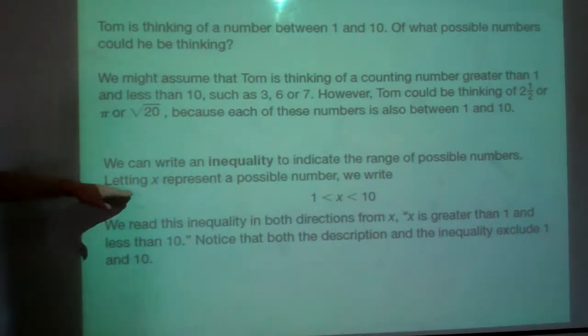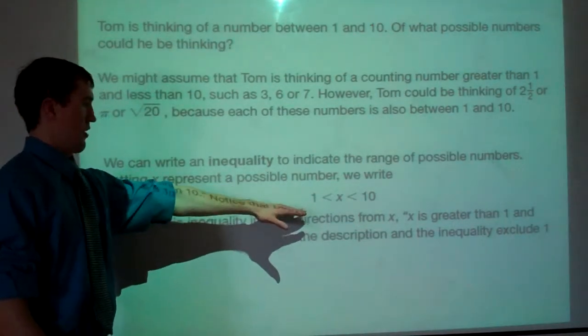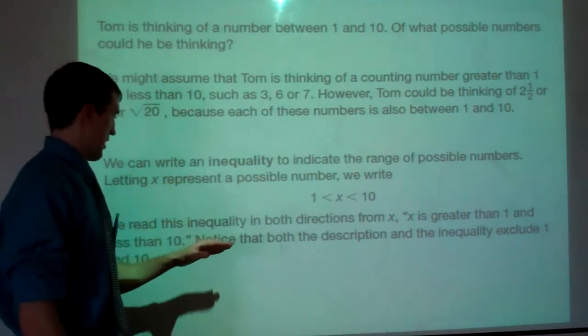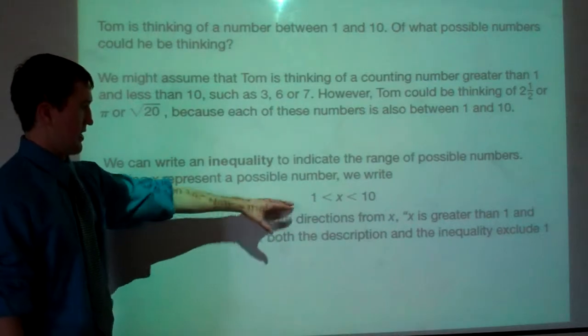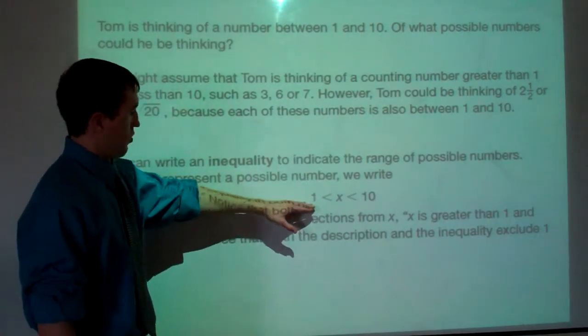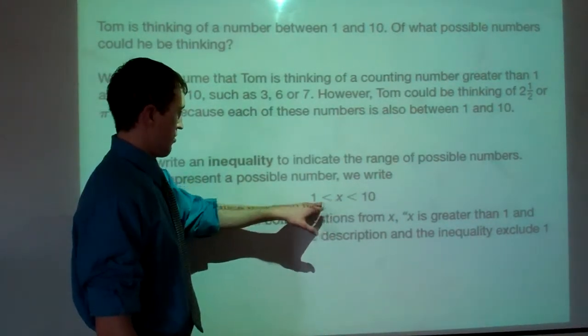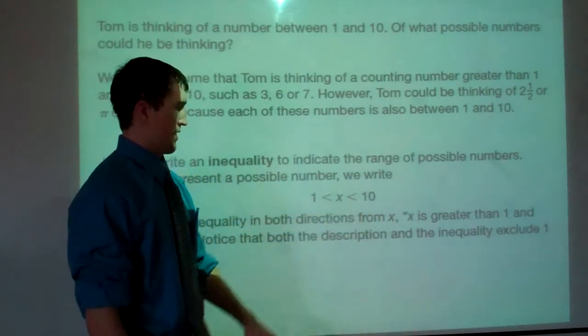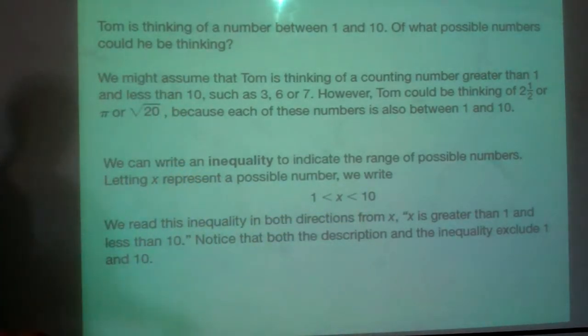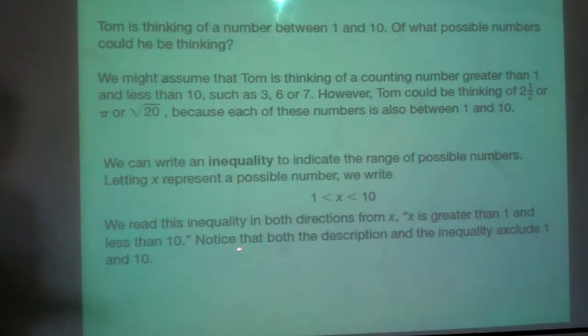We let x represent a possible number, and we write this. This means, and I will say it as we look at it here, x is greater than 1 and less than 10. Okay, and I have that right here. X is greater than 1 and less than 10. Notice that both the description and the inequality exclude 1 and 10.